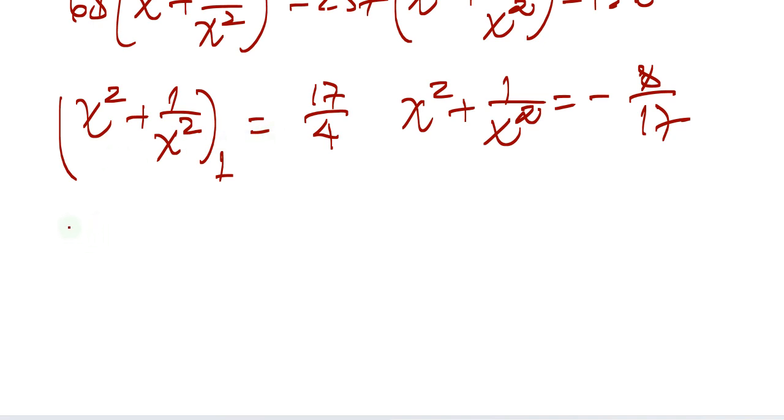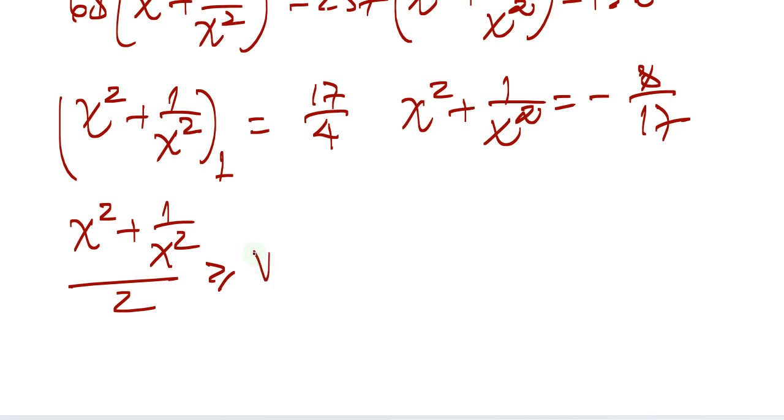We can use a very useful inequality, in which if we have two terms divided by 2, they are going to be greater than or equal to the square root of the product of them. And this will be greater than or equal to what?